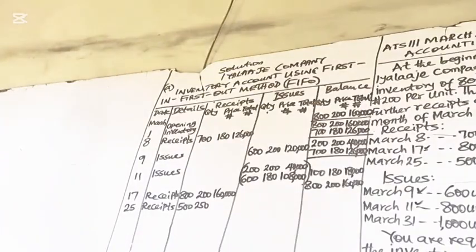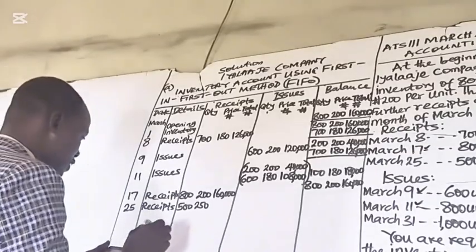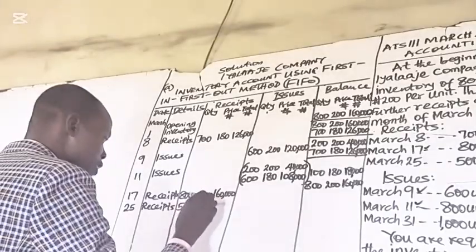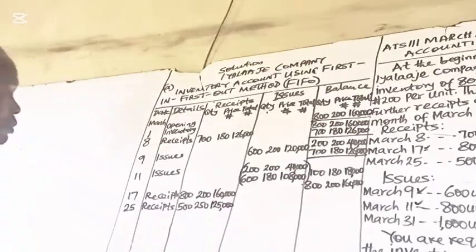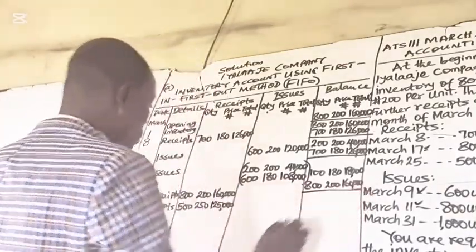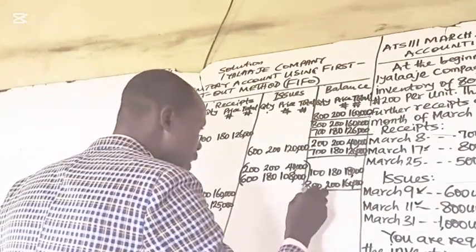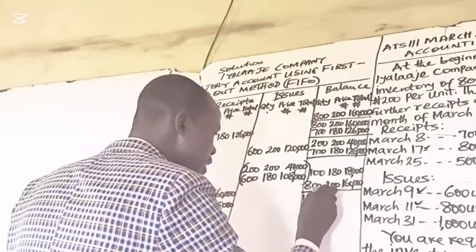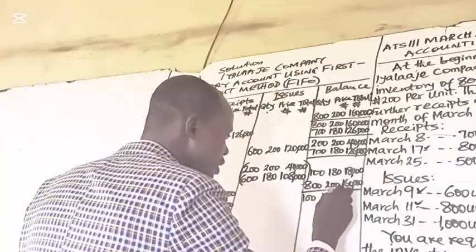So that will be 500 times 250. That gives us 125,000. Now, the balance column, you had 100 before at the price of 180. That gives us 18,000.